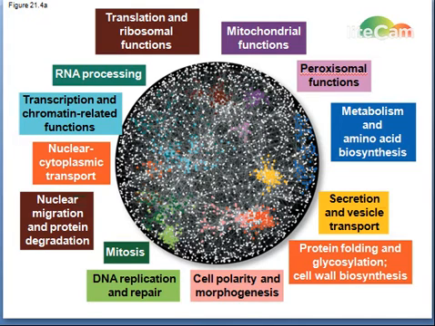Those millions of base pairs are going to give the instructions to make a protein that will fit into one of these categories, anywhere from mitochondrial function to the replication and repair of DNA. Every protein involved in that process is going to be specified and coded for in the genome.